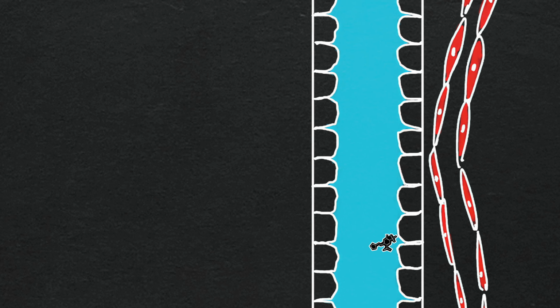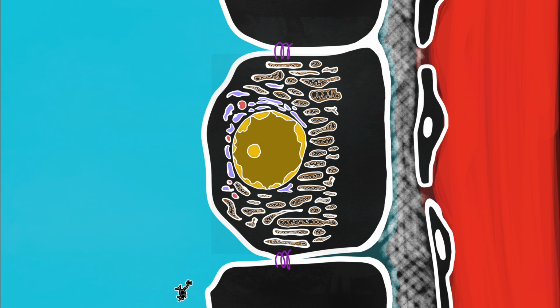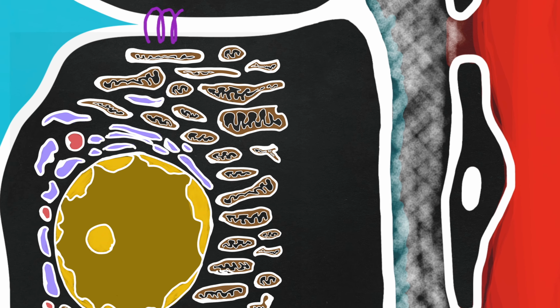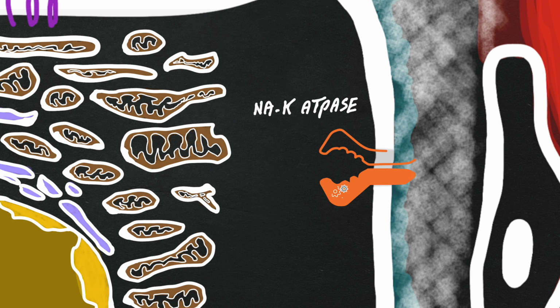Similar to the epithelial cells in the proximal tubule, here in the ascending loop of Henle, the cells are packed with mitochondria due to the ATPase action needed for the establishment and maintenance of the interstitial gradient.